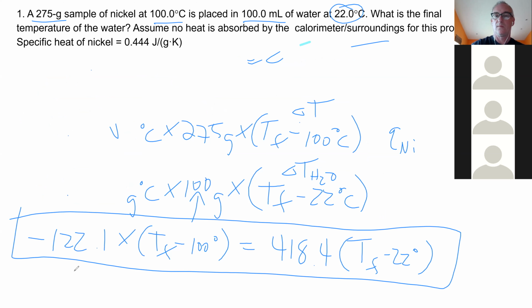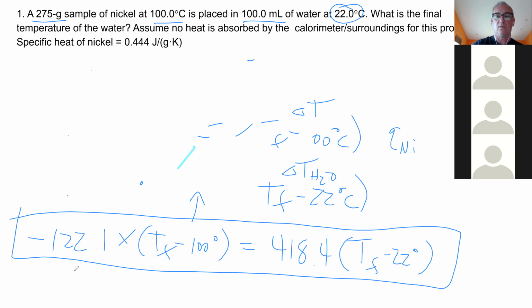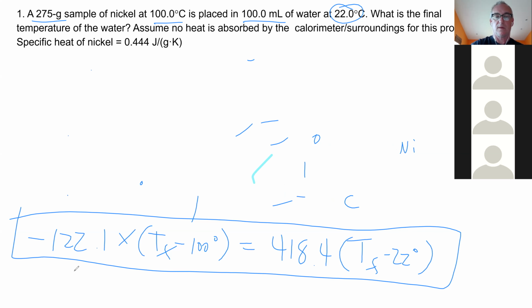So did the joules go away? Basically, yeah, we have joules on one side and joules on the other.